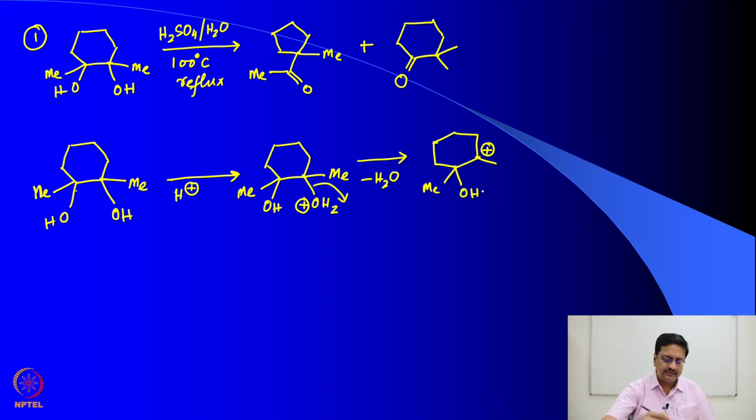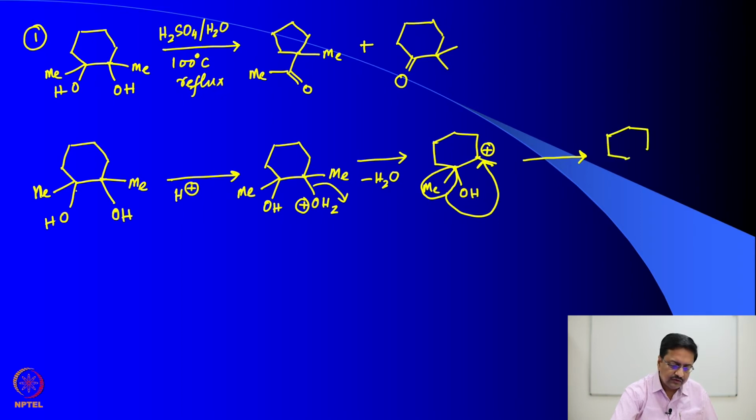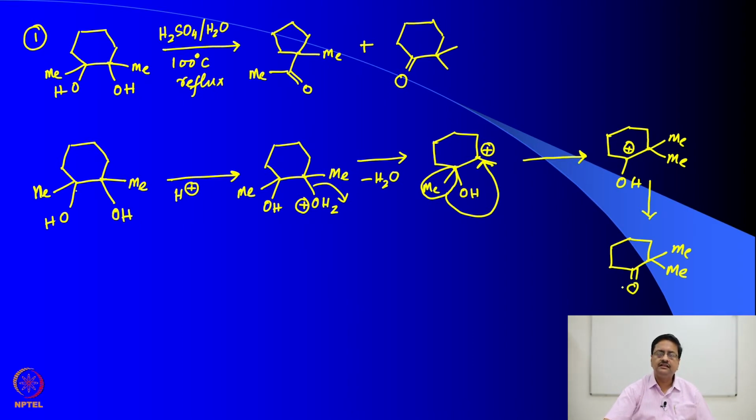Now, there are two possibilities. One possibility is migration of this methyl group to the adjacent carbocation site to form this new carbocation, which certainly in turn would give the second product on deprotonation in step 4.